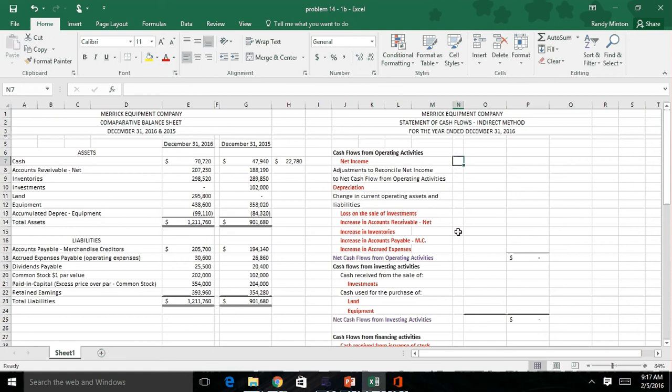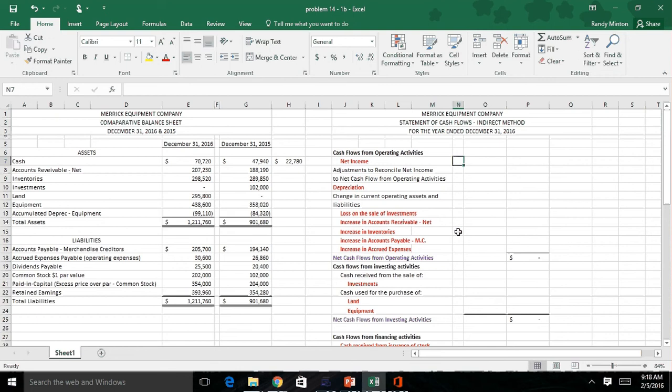Well, if you credit retained earnings, since retained earnings goes up on the right-hand side, and a credit is an entry to the right-hand side, then you're increasing net income. If that had been to the left-hand side, if it had been debited, you would have had a loss here, but you don't. You have net income.